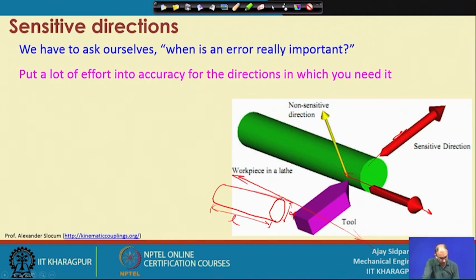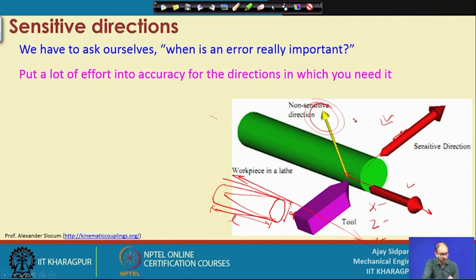Otherwise you get a taper turning in this direction or that direction, right. So, these are the two sensitive directions, but this is the insensitive direction, because we know that our lathe or machines have x and z axes, they do not have a y axis, because mostly you are getting axisymmetric components. So, this is the non-sensitive direction.